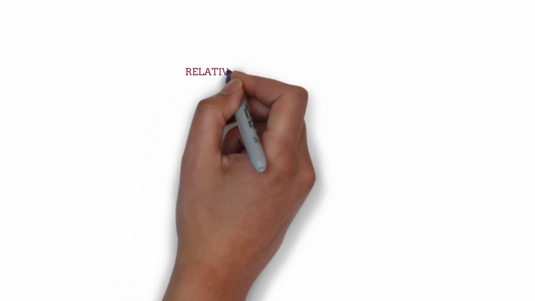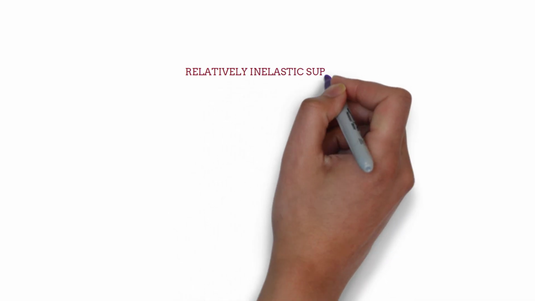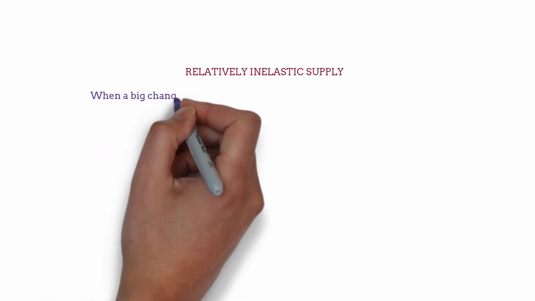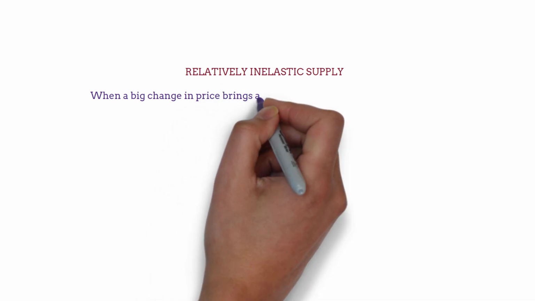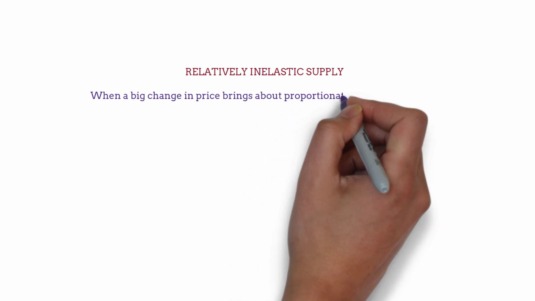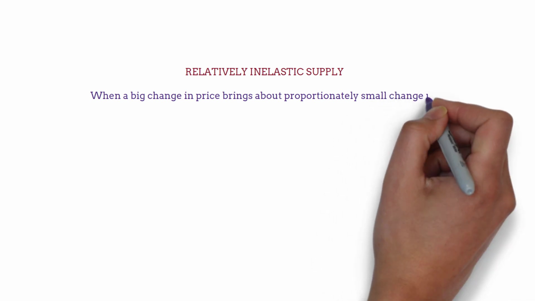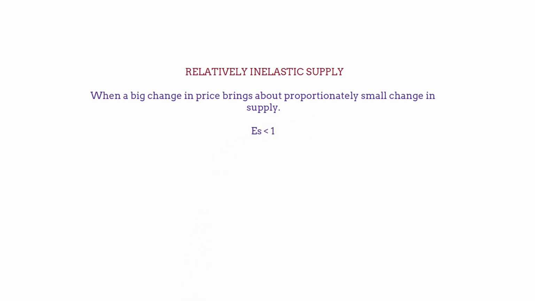Now, last, relatively inelastic supply. When a big change in the price brings about proportionately small change in the supply, then elasticity of supply is less than 1.